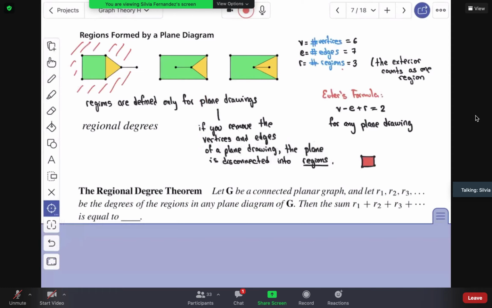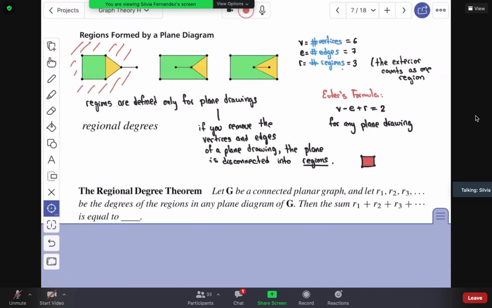Imagine that you can actually cut around the edges and around the vertices. Then the piece of paper is going to become 3 parts for any of these. For this one, it will be disconnected into 2 parts: the square and everything else. Imagine you actually cut around the boundary of the square.